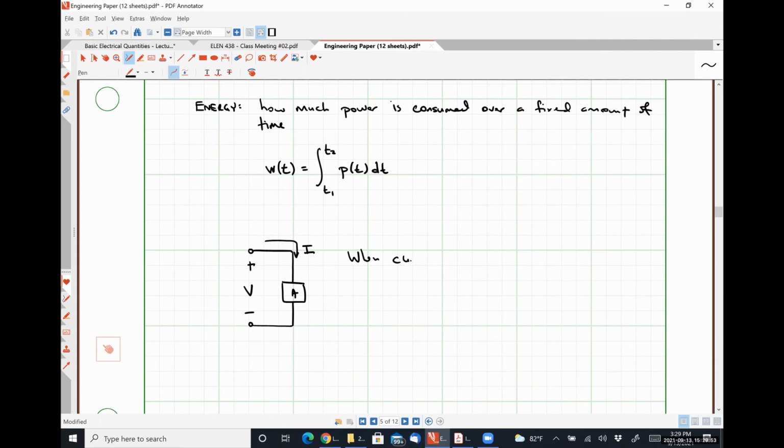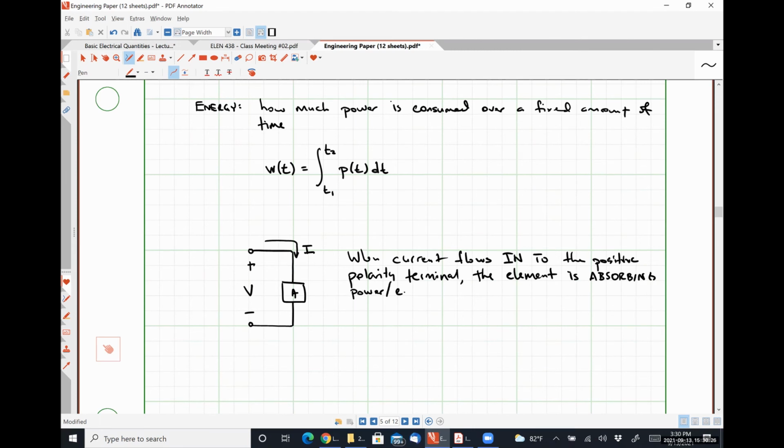So when current flows into the positive polarity terminal, the element is absorbing power and energy.